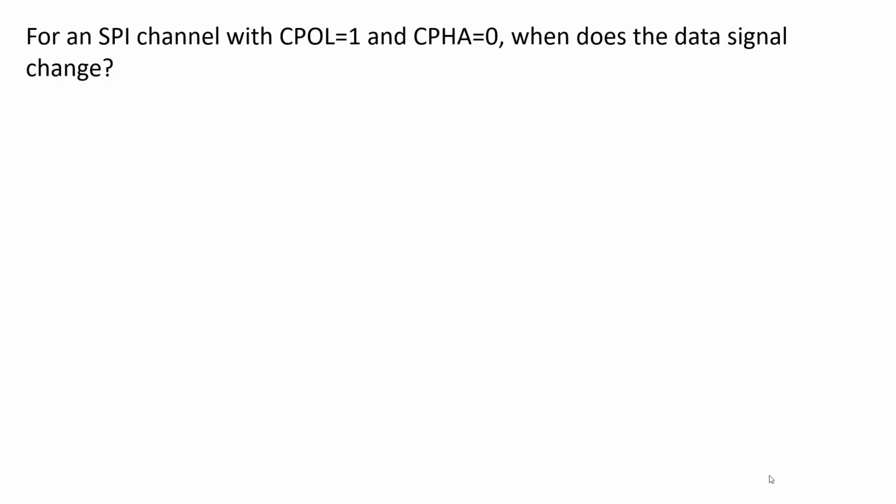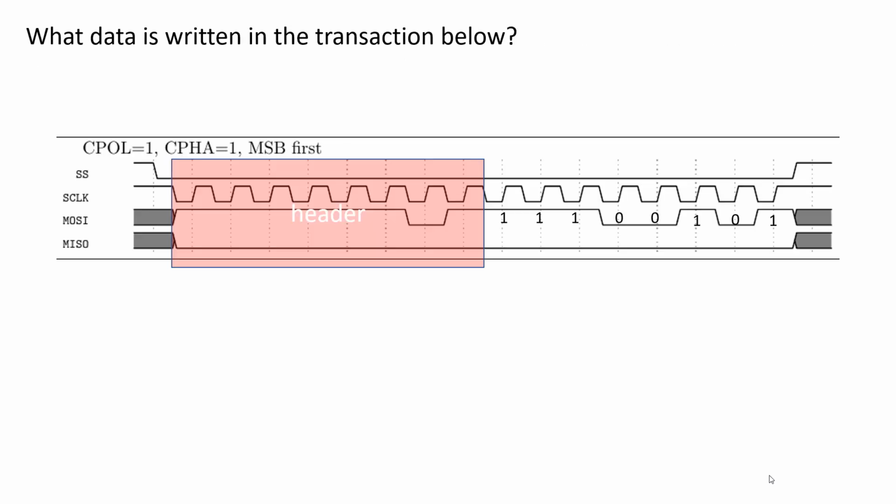Yeah, I think that was CFA 0, right. So the question was CFA 0. This is CFA 1. So when CFA is 1, remember that the data and the clock change together at the beginning, right? If CFA were 0, the data gets a head start on the clock, which means the first time the data changes would be prior to the first edge.